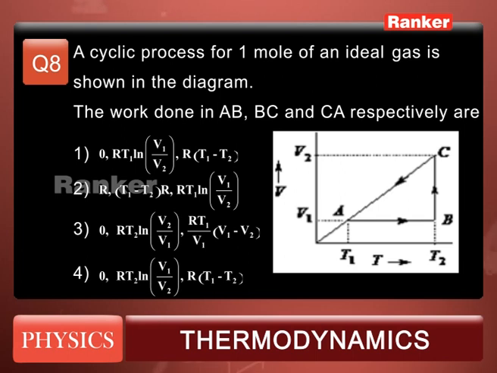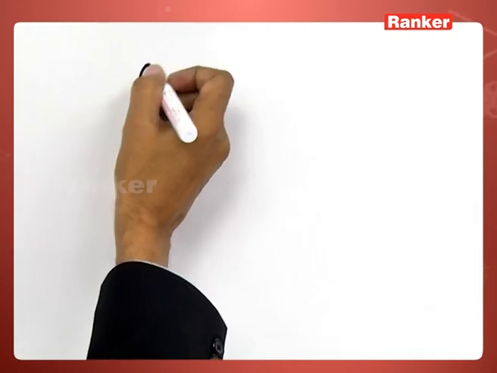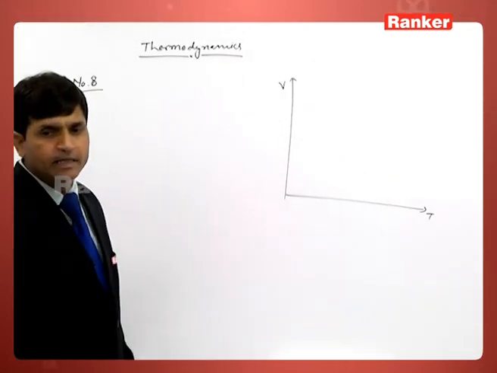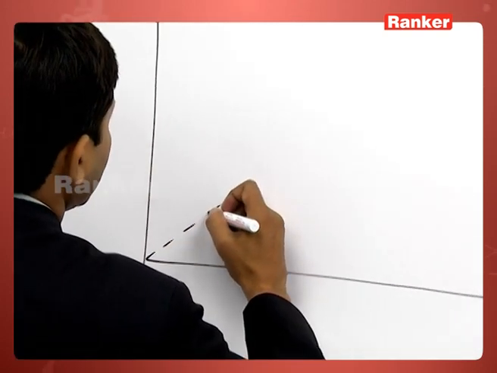Now see the VT graph, cyclic process. So the process is like this. This is your cyclic process. The VT graph is given here, and the graph is like this.